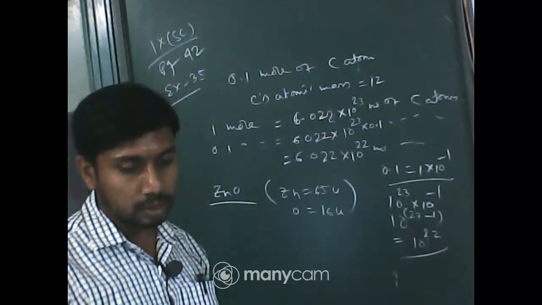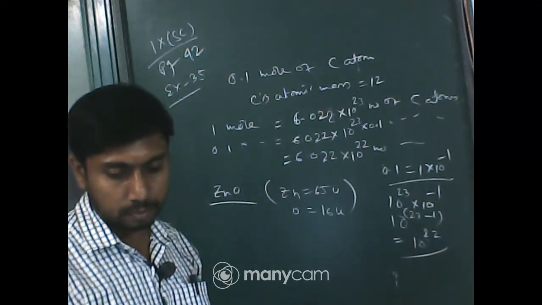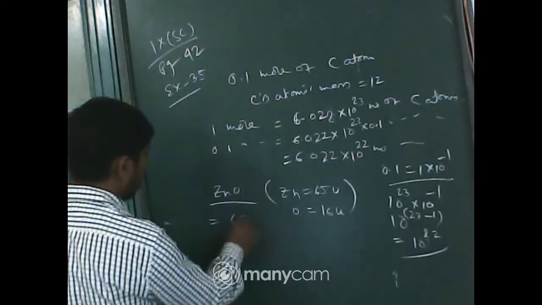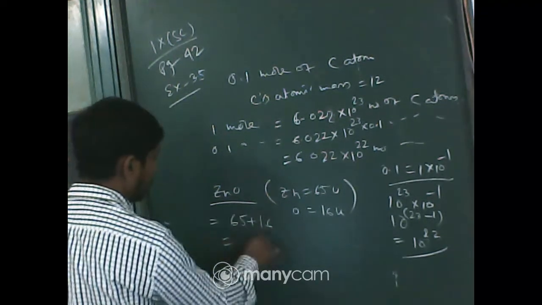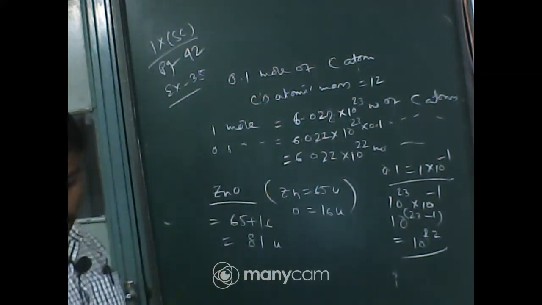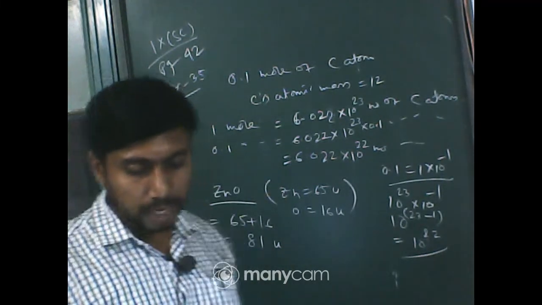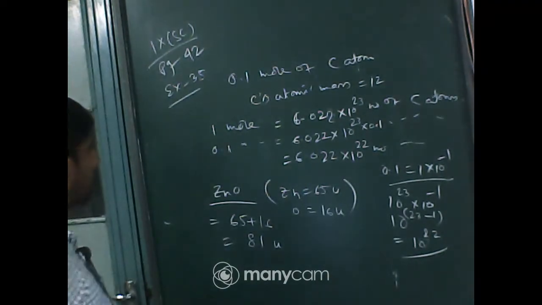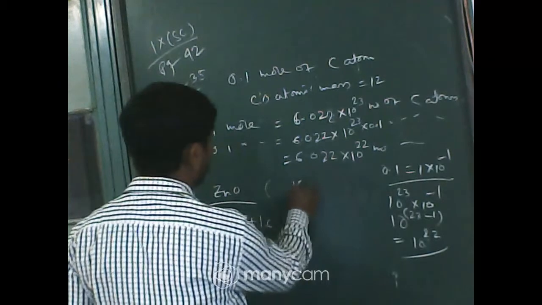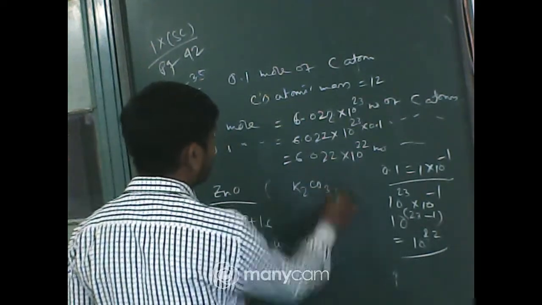Now calculate it. 81. So 65 plus 16, that is 81 U. So next calculate for K2CO3, yes, correct. Next calculate it for K2CO3.